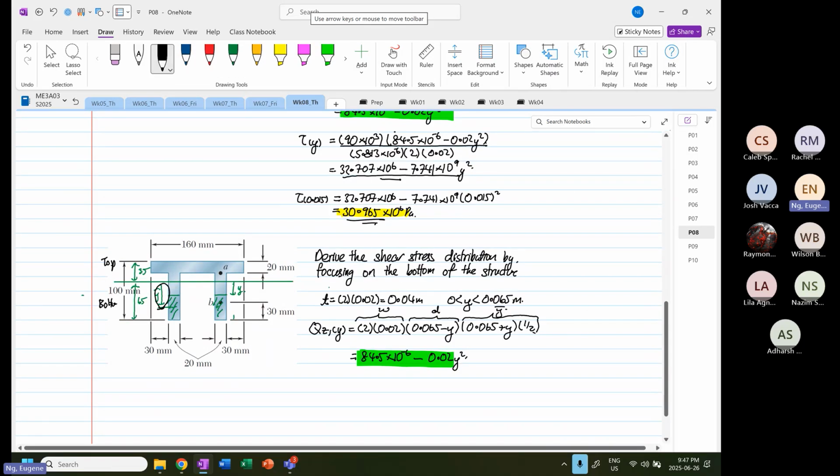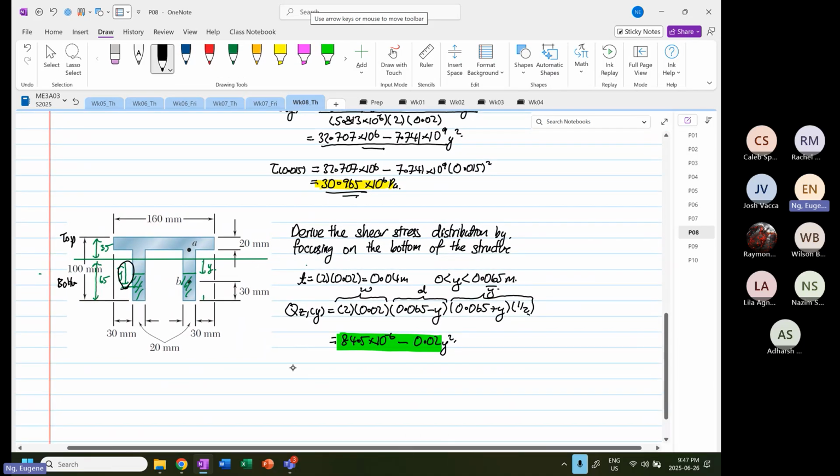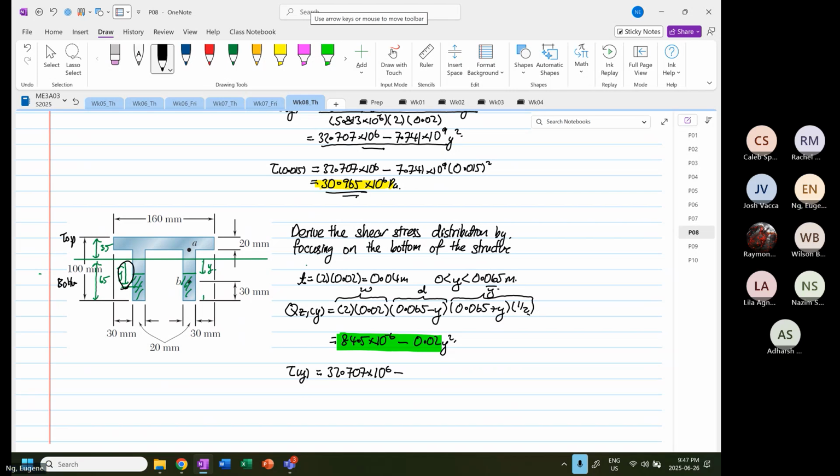So when that's the case, we also know that the shear stress as a function of y will be equal to 32.707 times 10 to the power 6 minus 7.741 times 10 to the power 9, okay, y squared.